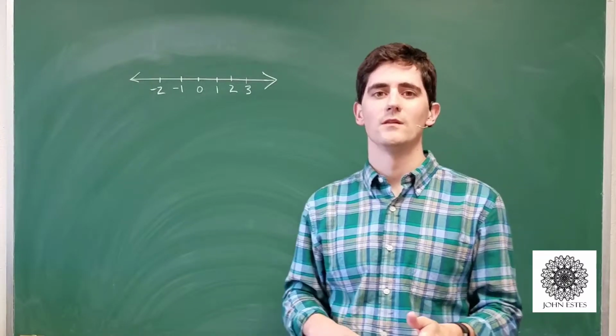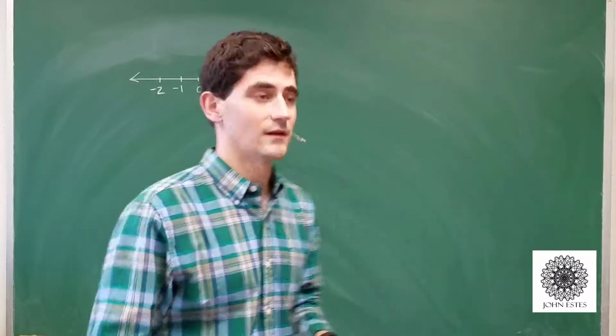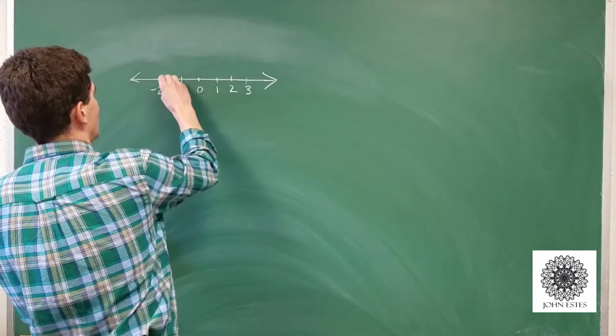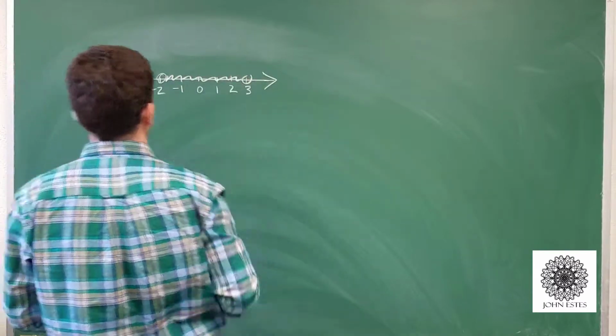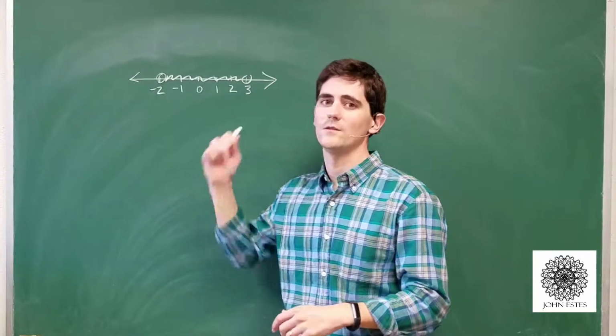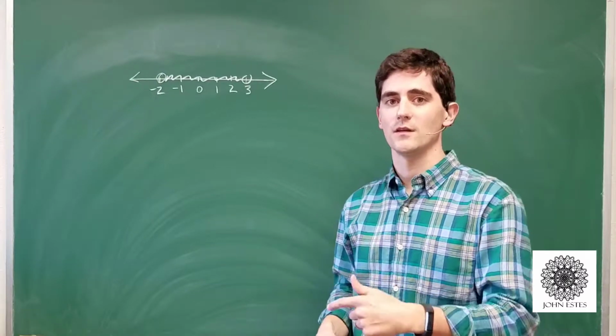Now also, we could represent on a number line something like this. If I wanted to talk about the set of all numbers from here to here, this goes from -2 to 3. I could write this as an inequality system, just like we learned about.